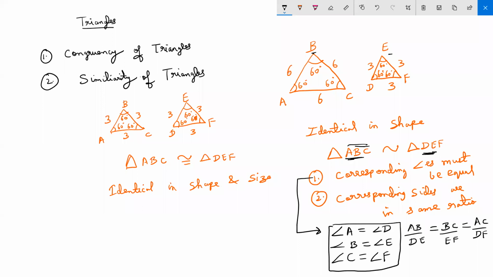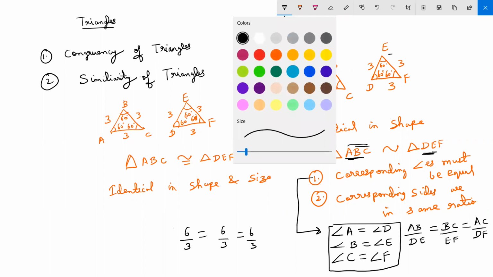You can check these ratios are same. What is the ratio of AB to DE? 6 to 3. Similarly, BC to EF, it is also 6 to 3. Similarly, AC to DF, it is also 6 to 3. So these are the two important conditions for the similarity of two triangles.